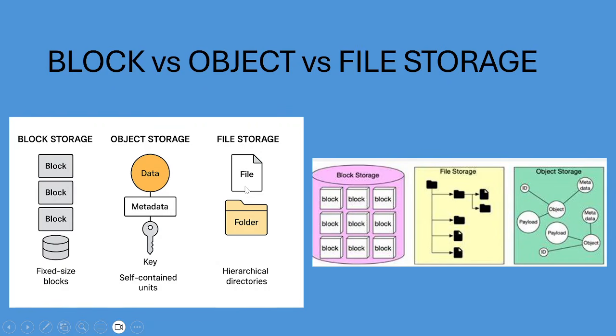But for file store, you can have more than one virtual machine sharing the one single file system. That's one difference between the block store and the file storage. So let's move on.